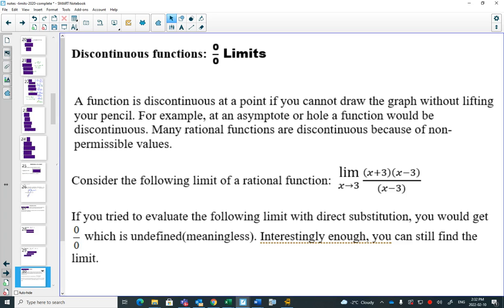You factored so that something would simplify. In this case, your x minus 3's would simplify away. And once that simplification has happened, well, then you look and say, well, now I just have x plus 3. Could I plug in 3 at this time? Yes. And so the limit as x gets close to 3 is 6.